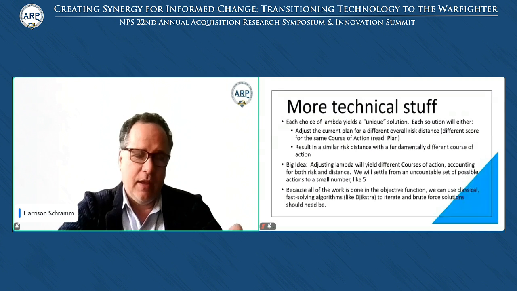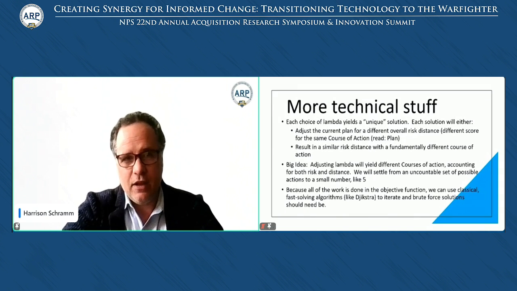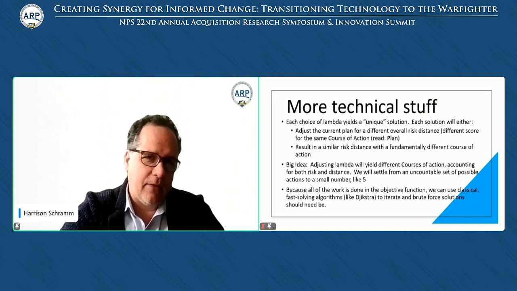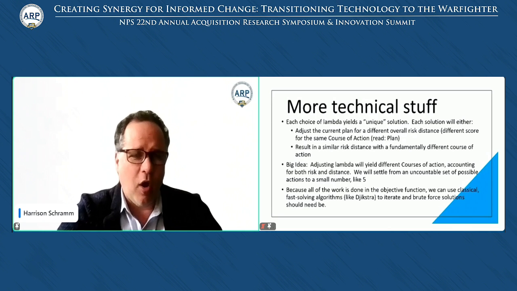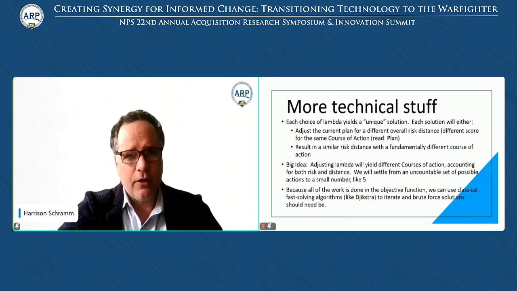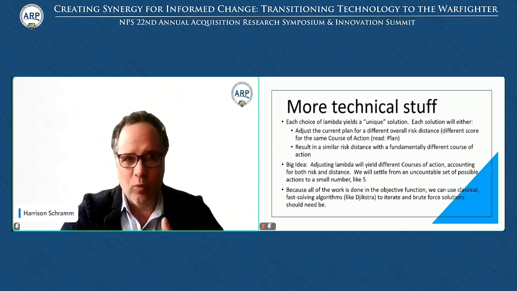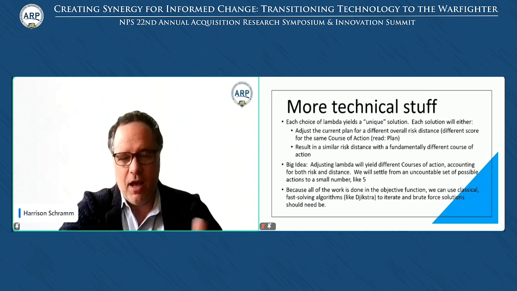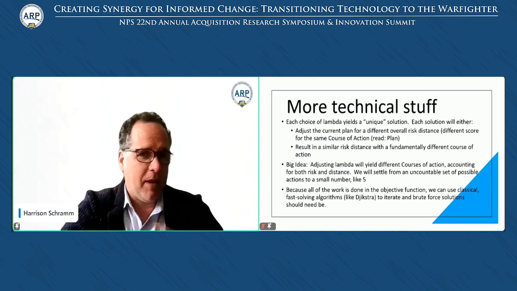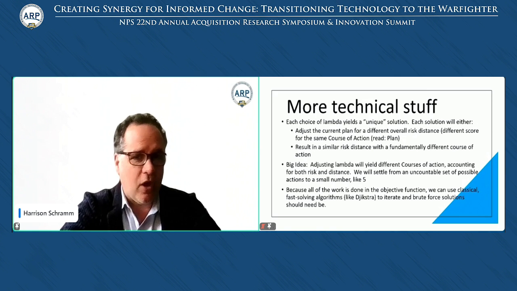And so the big idea here is we're going from a huge set of possible actions to a very small number. And for folks that are into networks, we're putting all of the work into the objective function. So we're not introducing side constraints, which means I can still run the very fast algorithms that have been in use for a long time against this problem. I've reformulated how things are measured, but I haven't reformulated how the problem is solved.